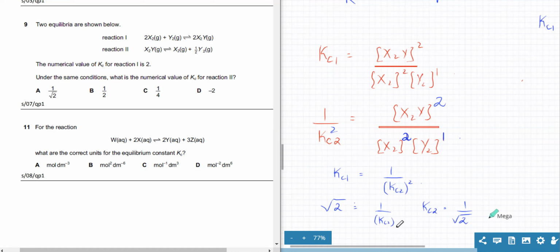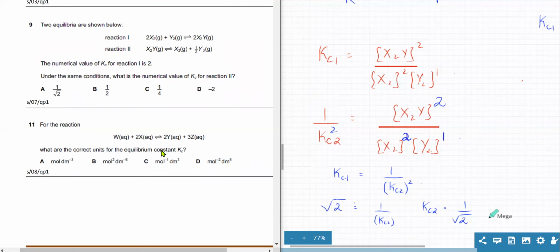So now the next thing is, remember this is a very important point, that you could have different Kc values for the same reaction. It's just how you balance the equation and how you write it. If you balance the equation differently, you get a different expression for Kc. If you write the reaction the other way around, you get a different value of Kc. But all the Kc values would have some relationship with each other.